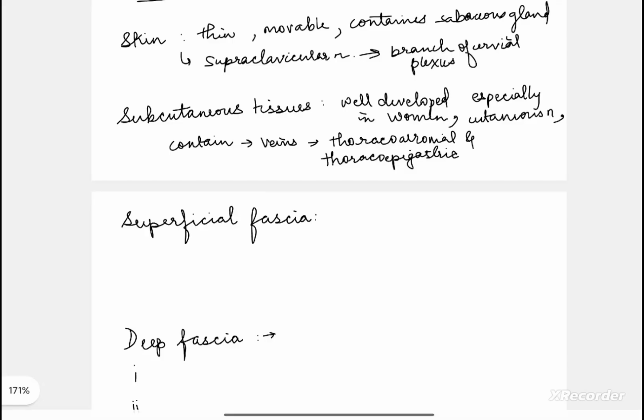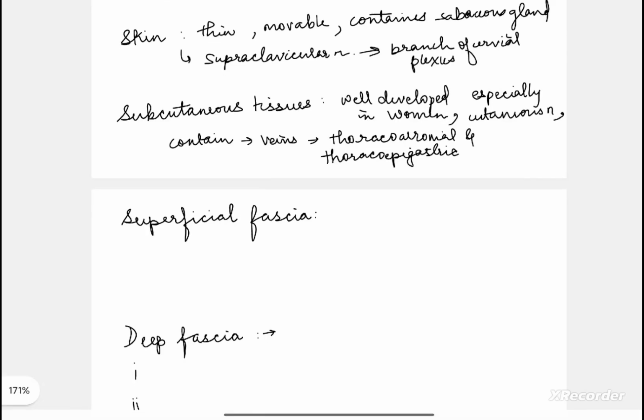Now superficial fascia. Superficial fascia is thin, firm. Now this superficial fascia is attached to the inferior margin of the clavicle and upper margin of the mammary gland. Pay attention to the superficial fascia. When the topic of clavipectoral fascia comes further, I would explain this. Why?